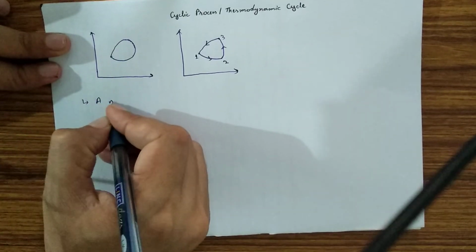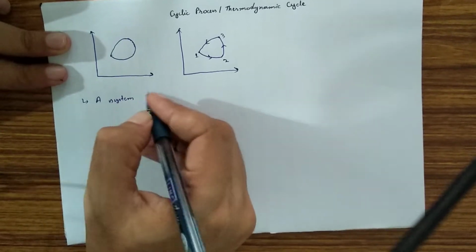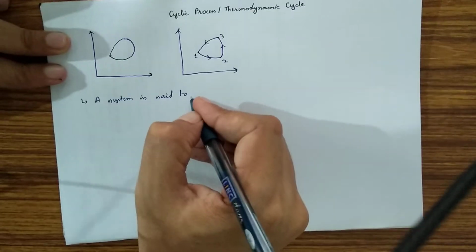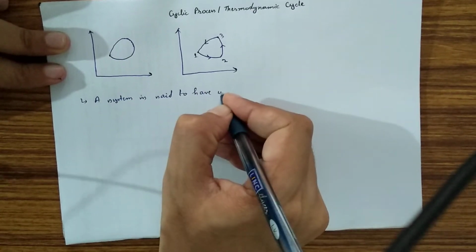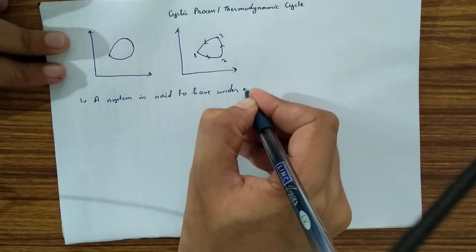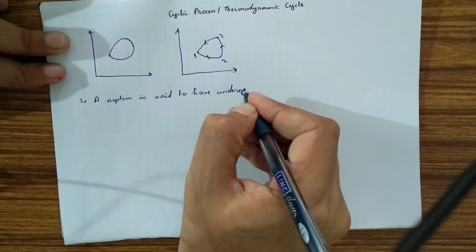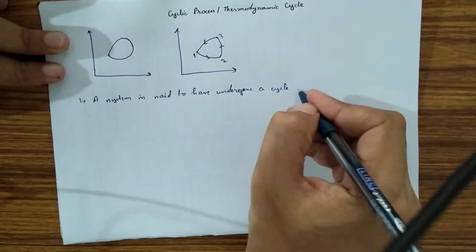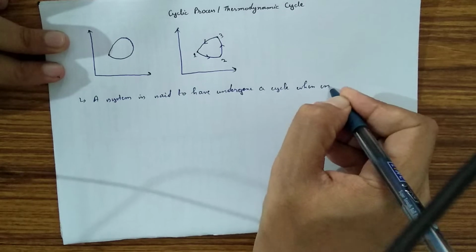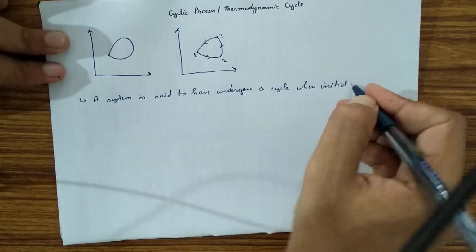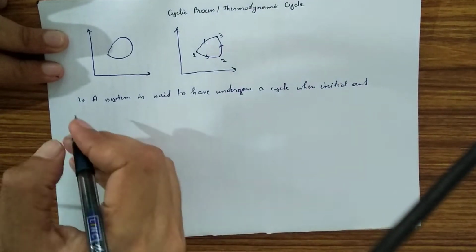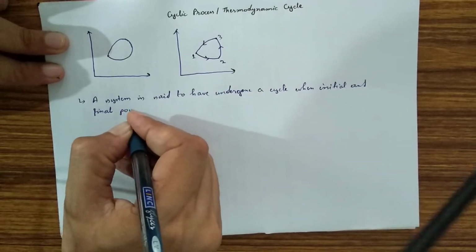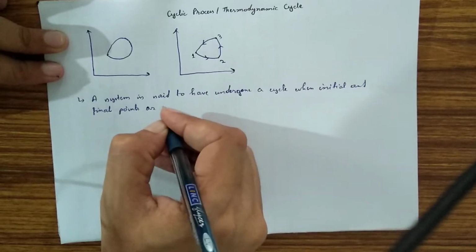A system is said to have undergone a cycle when initial and final points are the same.